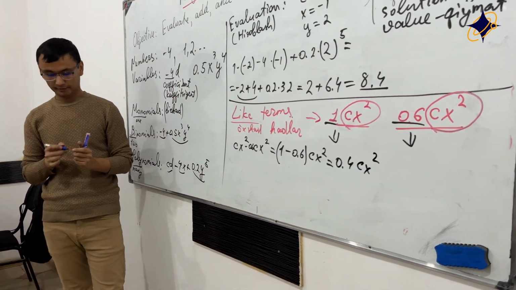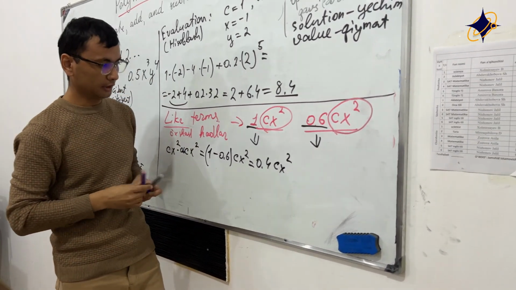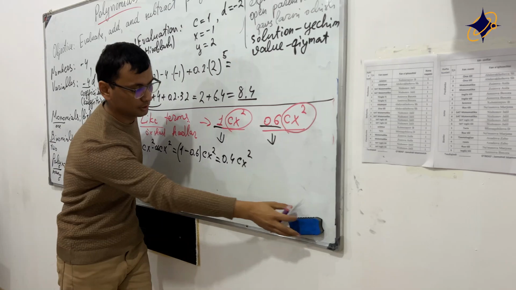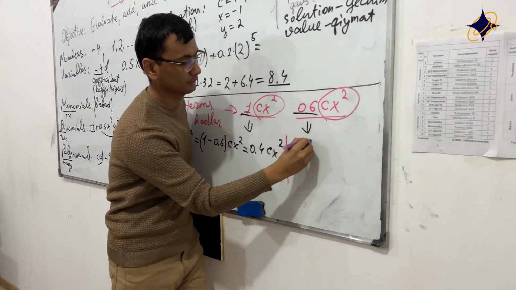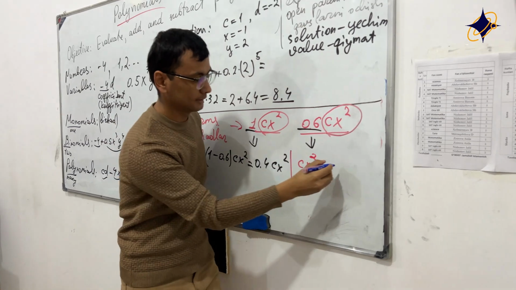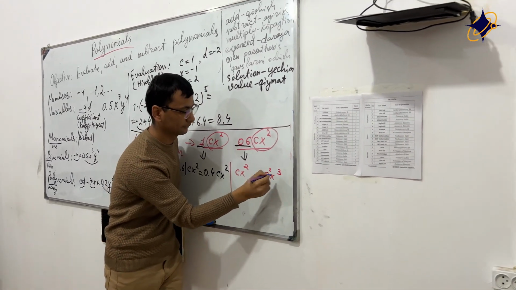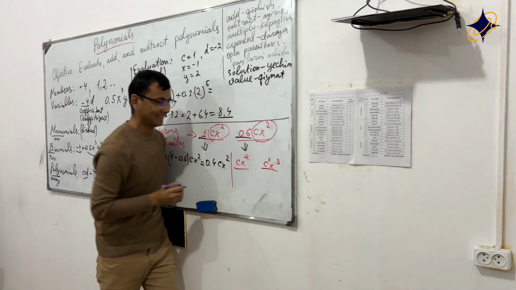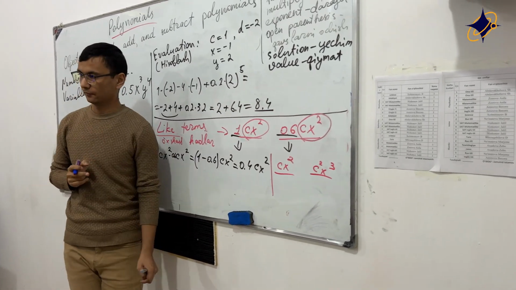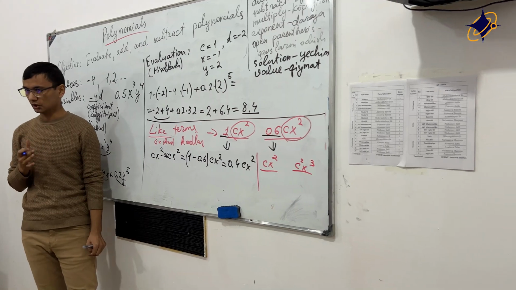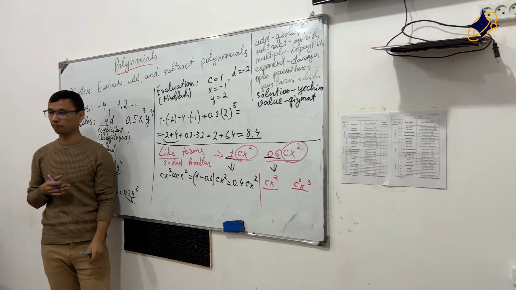And pay close attention, guys, to cx exponent of 2 and cx exponent of 3. These are not like terms. Therefore, we cannot add or subtract them.